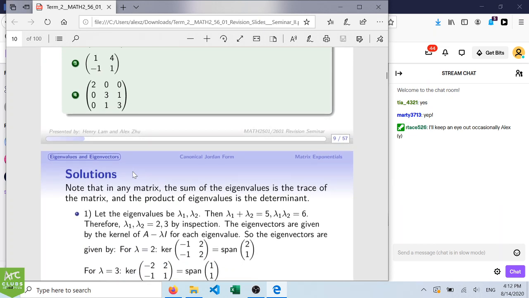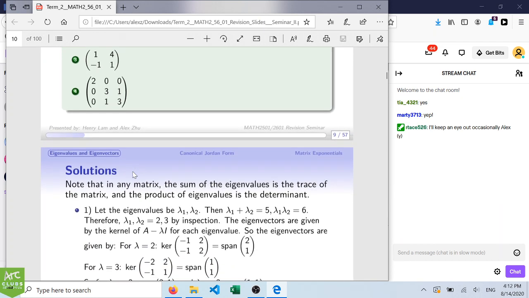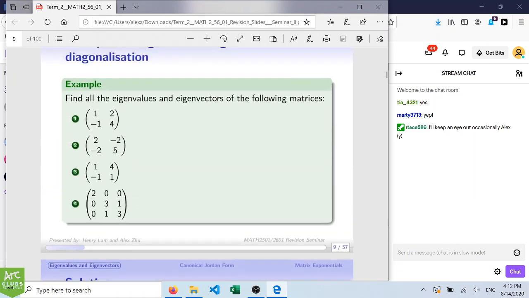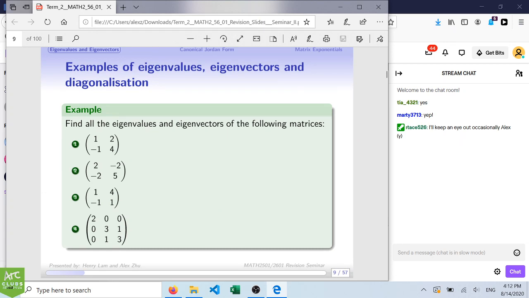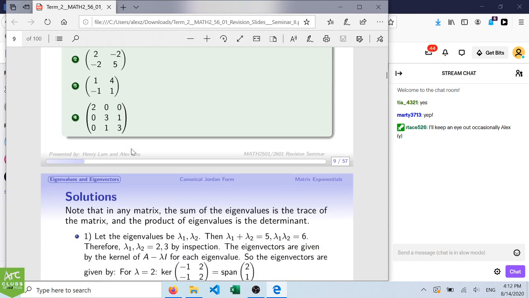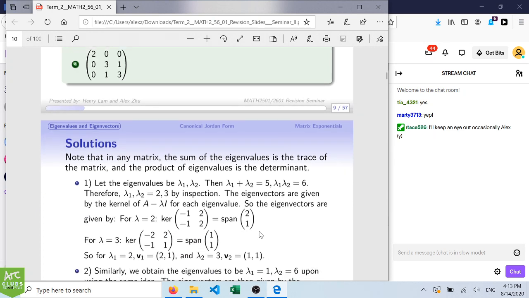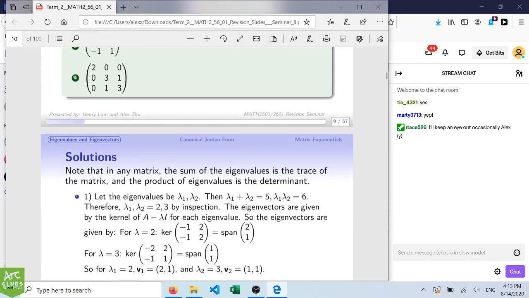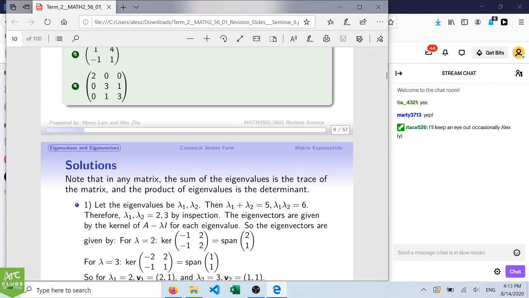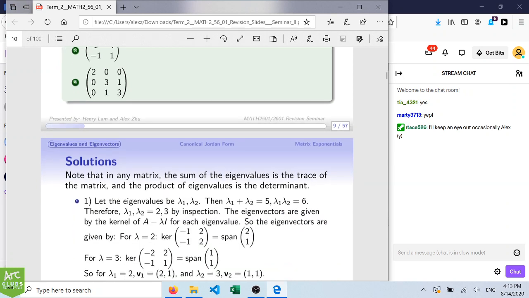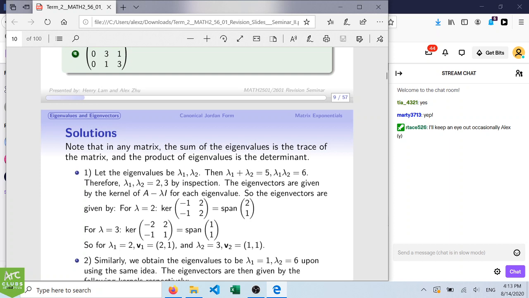Here we pretty much guessed the eigenvalues by looking at this property: the determinant of this matrix equals the product of the eigenvalues, and the sum equals the trace.